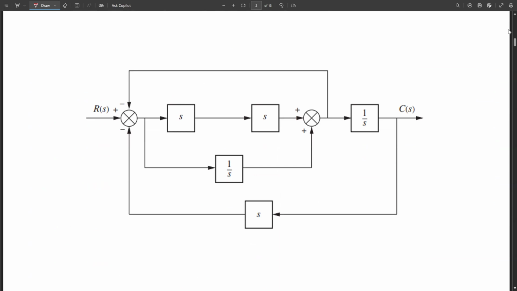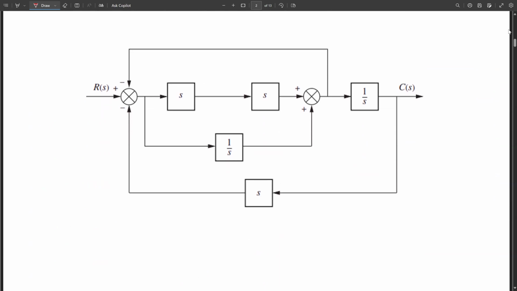Before we simplified the block, we've done the signal flow graphs for this particular thing already, but I'd like to skip it. The way I've arranged the questions, they move from easy to more difficult.